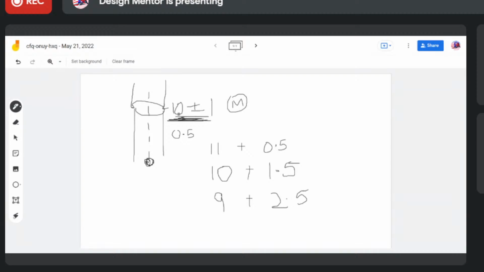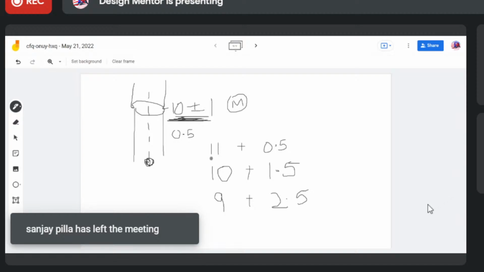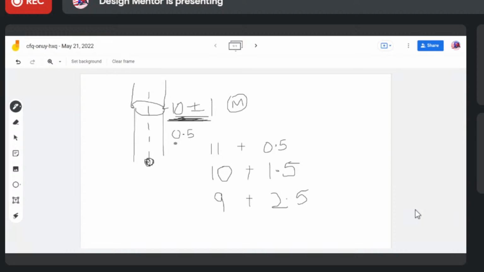This is the actual size dimension, 10, and this is the tolerance that the size can have. The part can be manufactured somewhere between 9 and 11 mm. But since we are considering maximum material condition, we say that the part should come out at 11 mm. So there's also the positional tolerance that is involved.